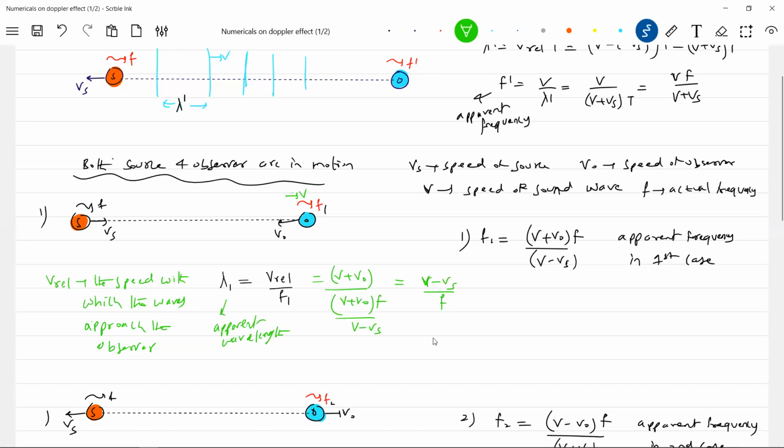Lambda by Vf is the actual wavelength. Able to understand? I think it's a very, very good formula. You just have to take help of this condition almost in every numerical. So what is apparent wavelength? The velocity of the wave with respect to the observer divided by the apparent frequency gives the apparent wavelength.